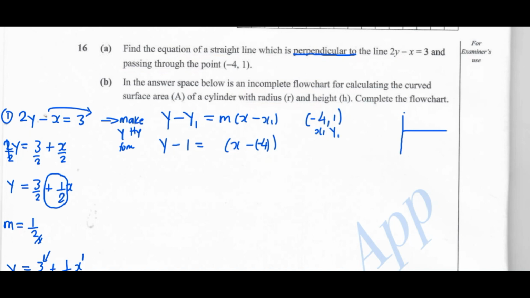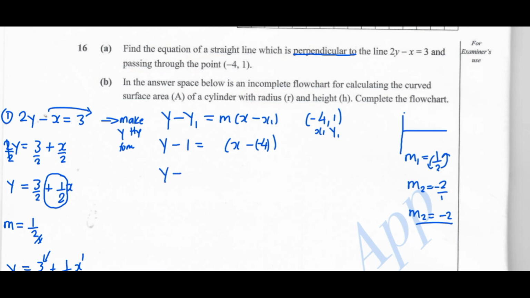So the gradient we've calculated, we'll call this equation 1, is 1 over 2. Then what is the gradient of the line which is perpendicular to this? You just flip the numbers, so this will be 2 over 1. Then you also change the sign. So our final answer will just be negative 2.